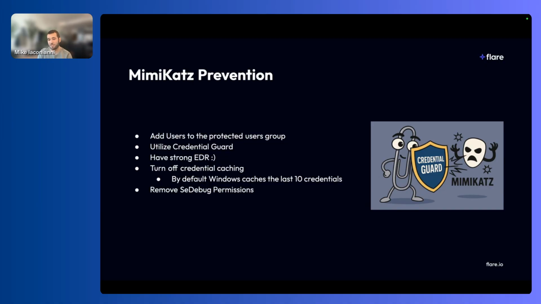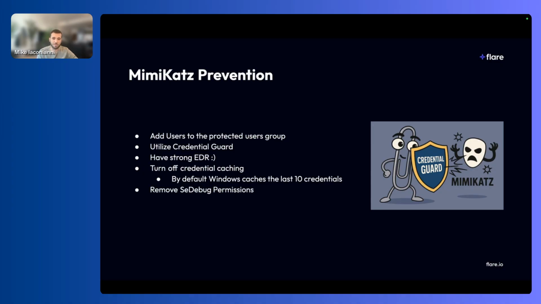The idea with this is to reduce the blast radius. You're going to be hopeful that your EDR will detect this. That's not always the case. There are various ways attackers will try to dump LSASS to get the associated credentials in it. But the concept that I always try to give is reducing the blast radius associated with it.